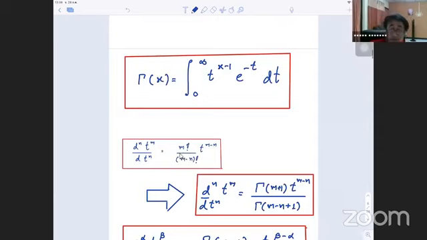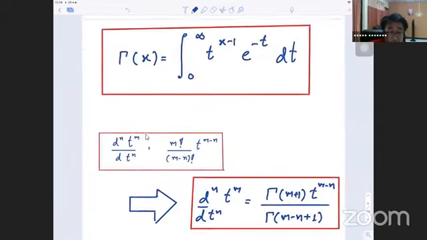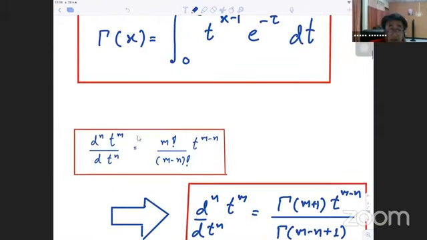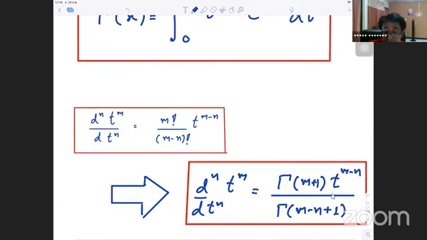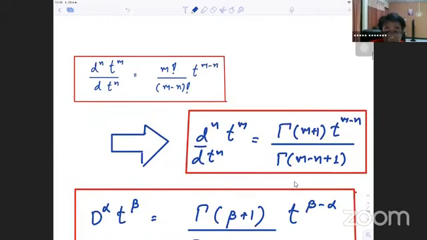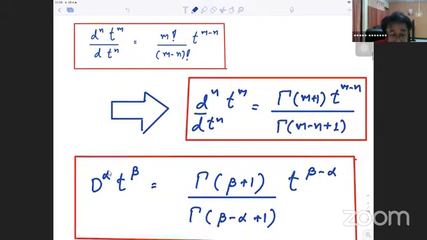Then the formula of the n-time derivative can be replaced by the gamma function. And the mathematician can replace the integer order here by an arbitrary order.